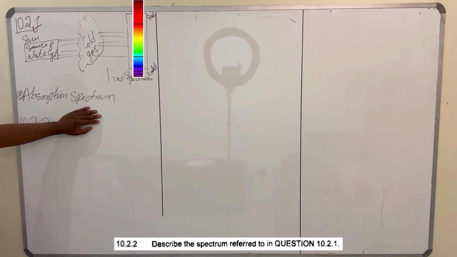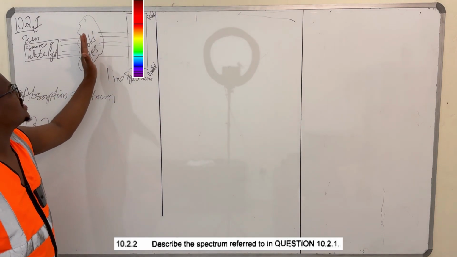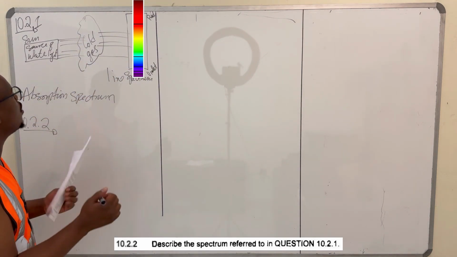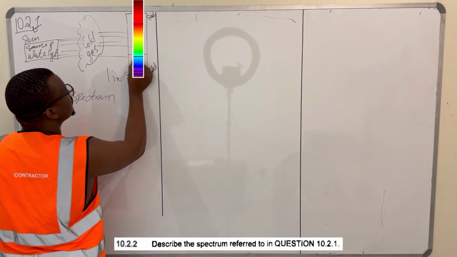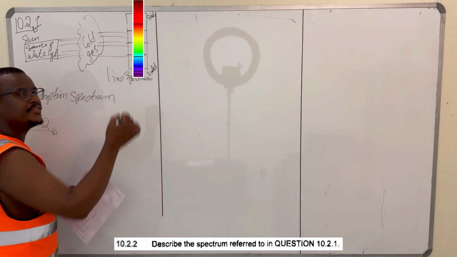They are shown on the spectrum as black lines, because all other frequencies pass through, but the absorbed ones appear as black lines at those specific frequencies.